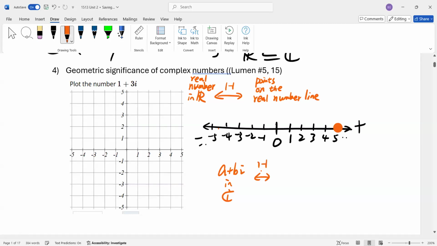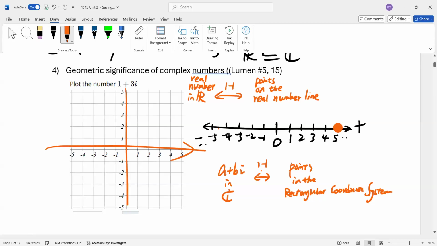There is a one-to-one correspondence between the complex numbers in the complex number set and points in the rectangular coordinate system.